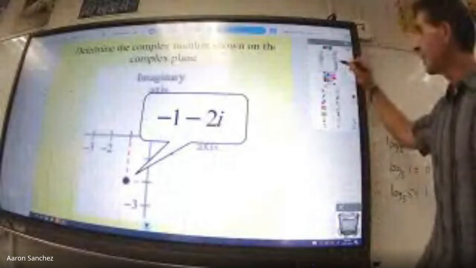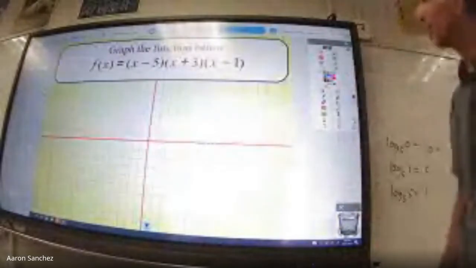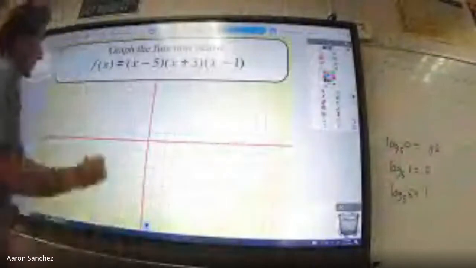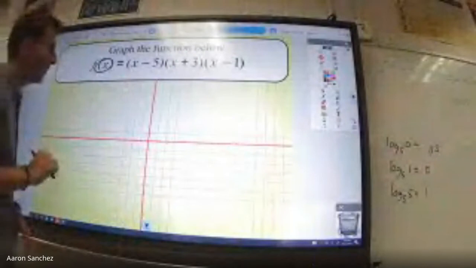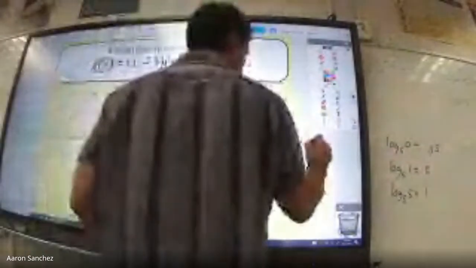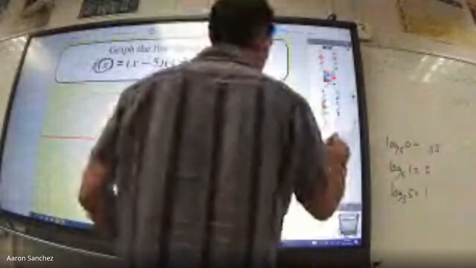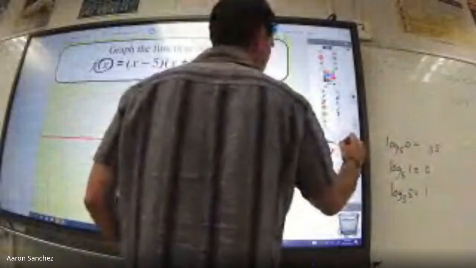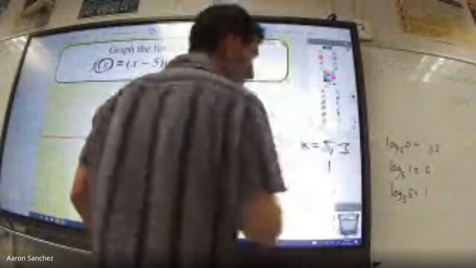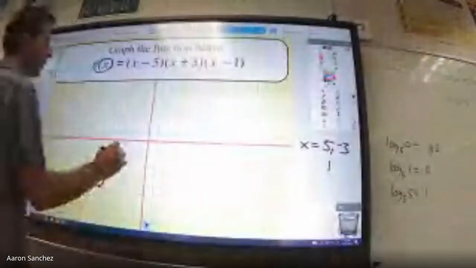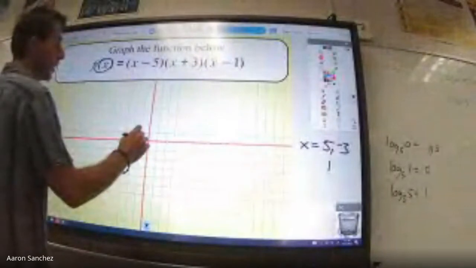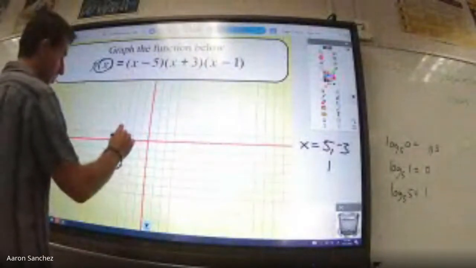And let's go. Okay, graph the function below. First step is we got to set this equal to 0. Second step, I got to find my zeros. And the zeros are going to be x equals 5, x equals negative 3, and x equals positive 1. So my zeros are going to be negative 3, 1, 2, 3.